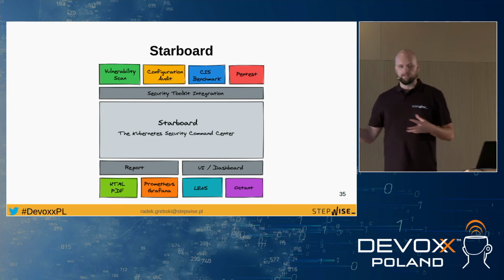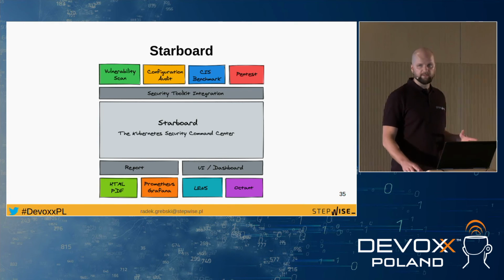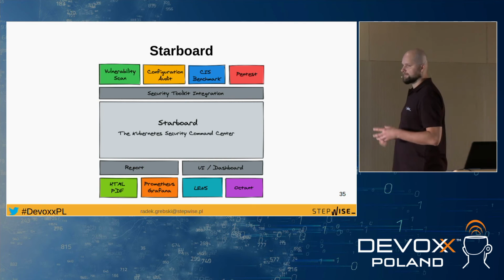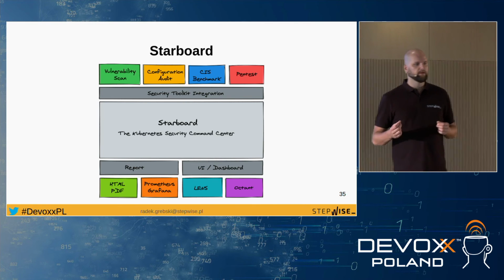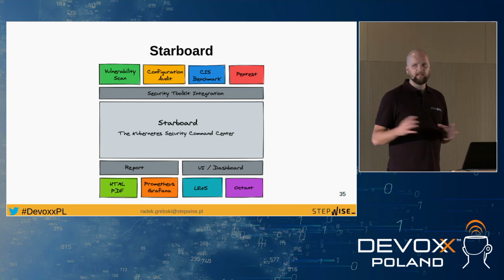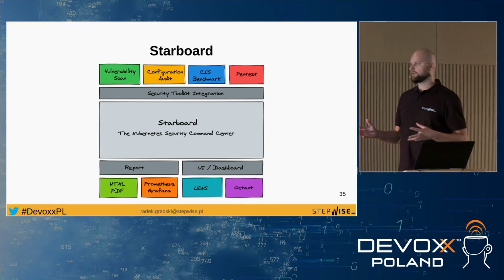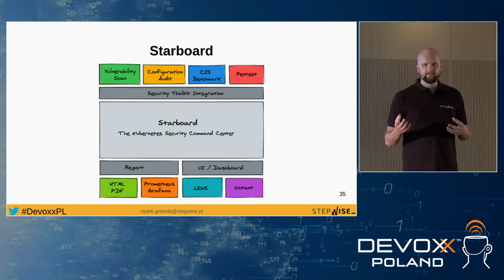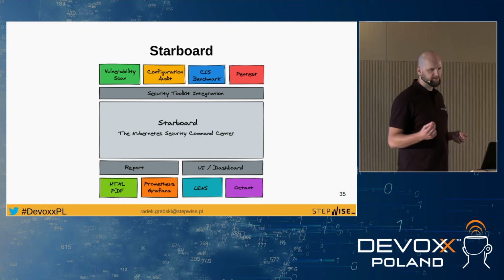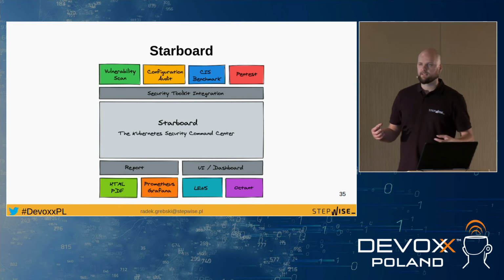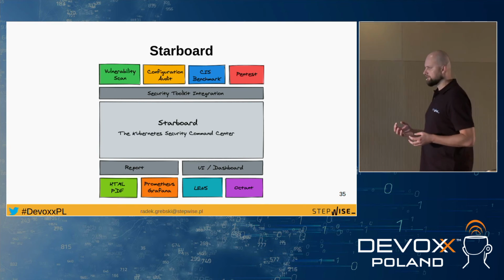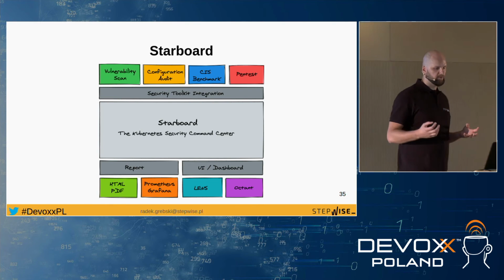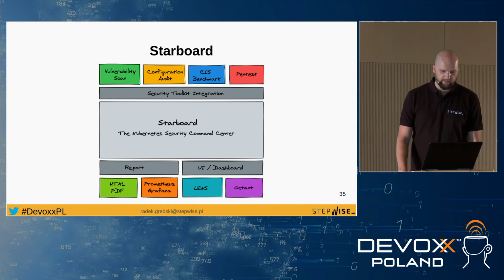For example, if we deploy to Kubernetes, we can use Starboard either as a CLI or as a Kubernetes operator. As a CLI, we can plug it into CI/CD or run it on a scheduled basis, or we can install it as an operator on Kubernetes. Then every new deployment that comes to Kubernetes will be automatically scanned, and a report is going to be generated.